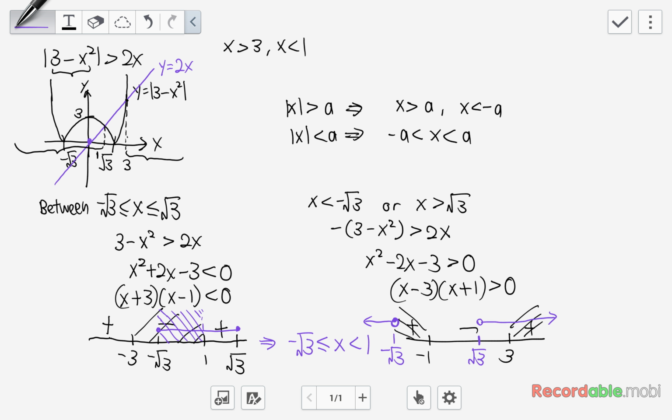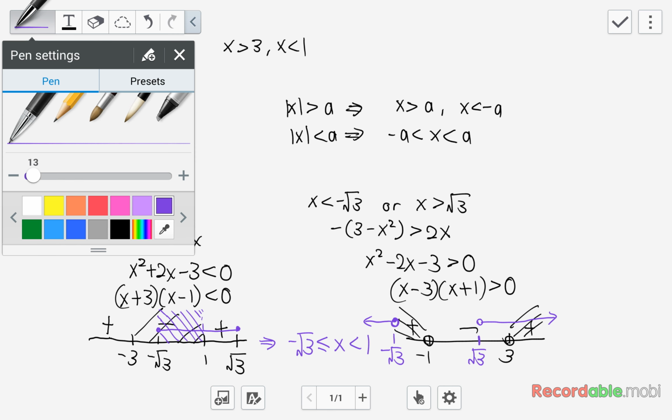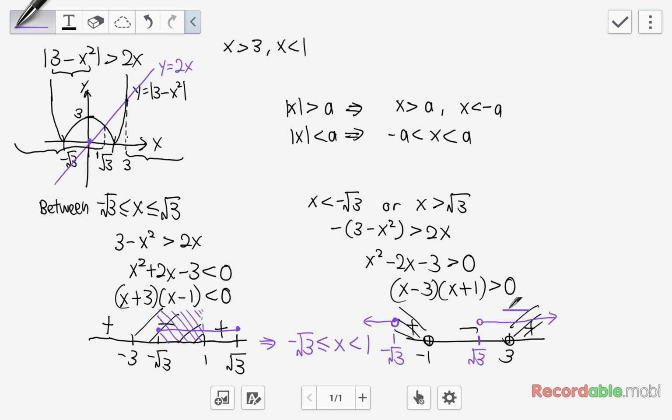So we only take the overlapping region. This point we are also not including, because we are not including 0. So the part that we want is this overlapping region with this overlapping region.